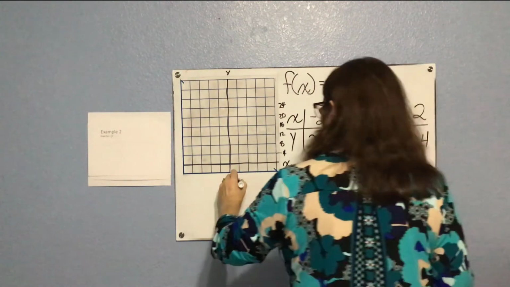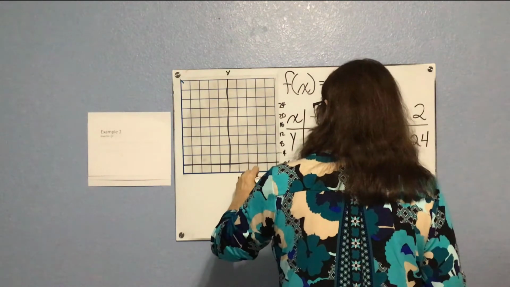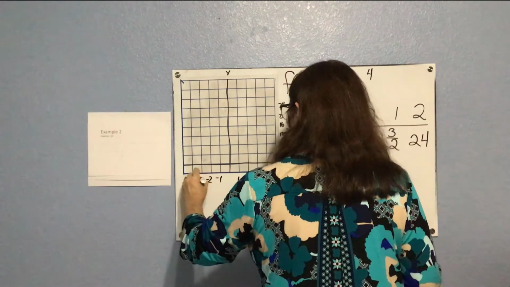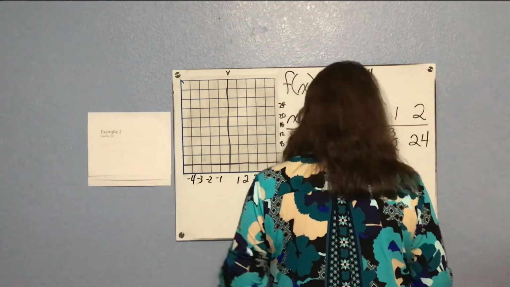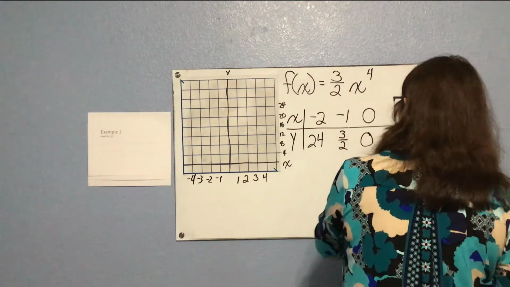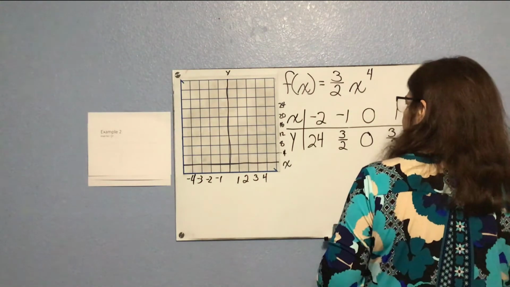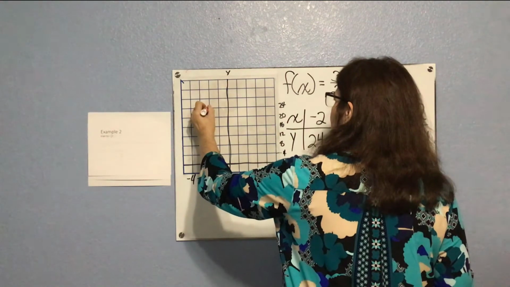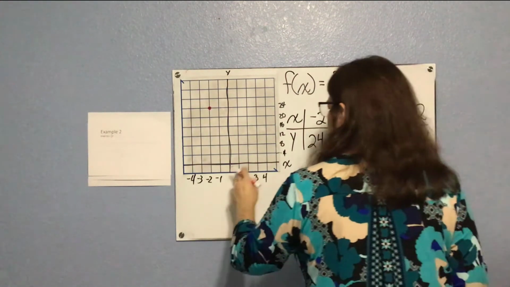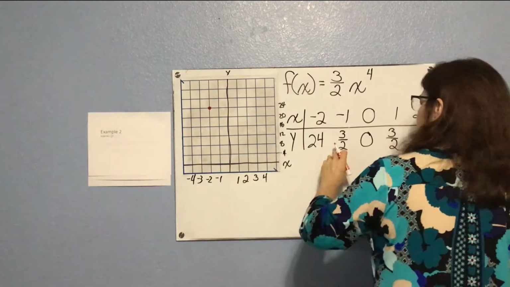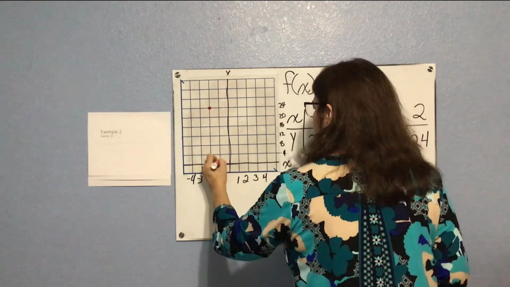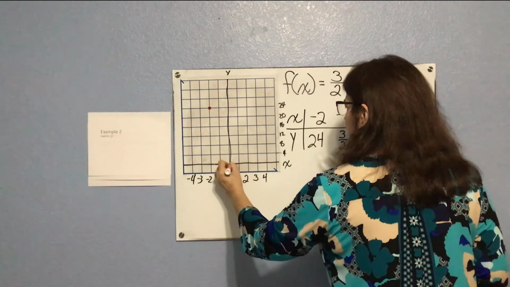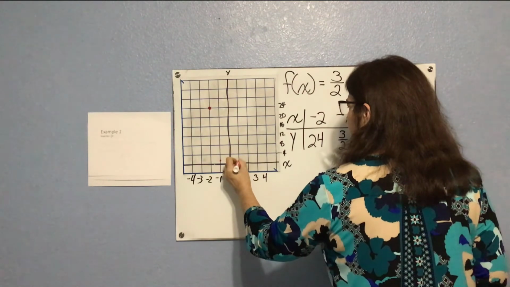On this axis, I can use 1 unit per block. Plotting my points, I have negative 2, positive 24, negative 1, 3 over 2, right about there, 0, 0, and then the other side is symmetric.